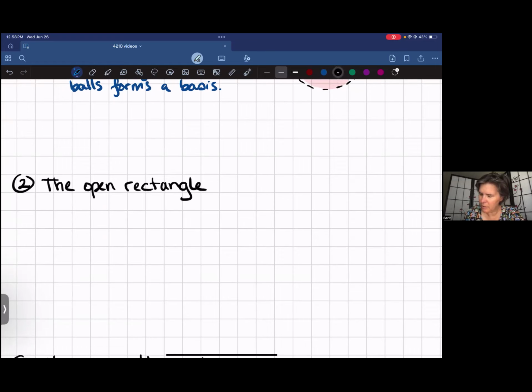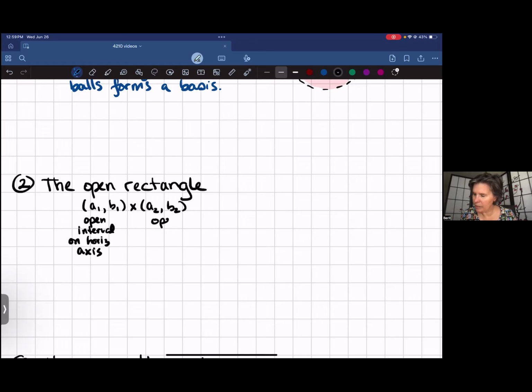I'm going to say A1, B1 cross A2, B2. So this is confusing because it looks like an ordered pair, like the point A1, B1, but it's not, it's the open interval. So this is an open interval on the horizontal axis.